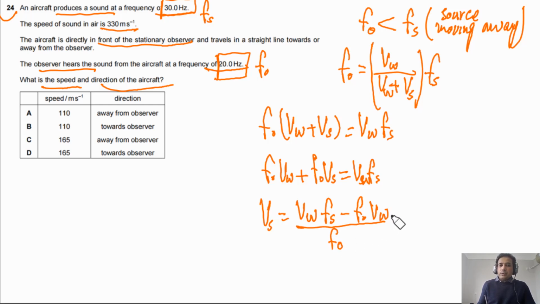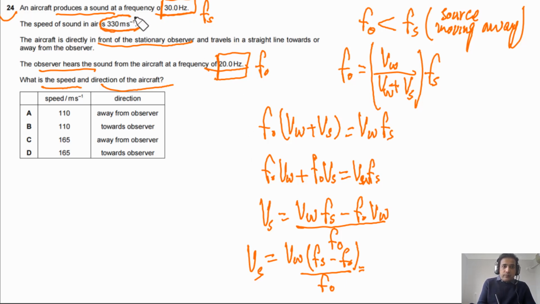Now we simply plug in values and we can find the answer. The speed of the wave is given, so this is 330, and source frequency minus observed frequency, divided by observed frequency. If we solve this, we will get 165 meters per second. So away from the observer at 165, the answer is C.